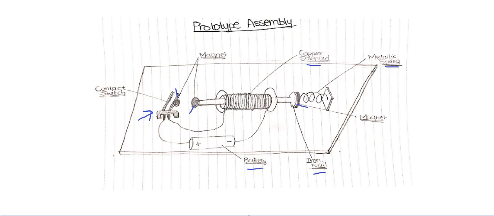Therefore, the nail will keep moving back and forth, closing and opening the circuit instantaneously. And this is how a linear actuator actually works.